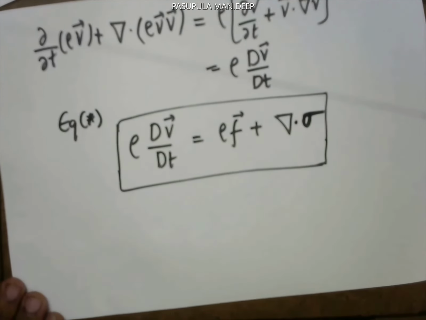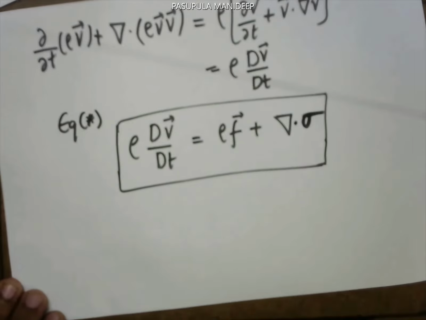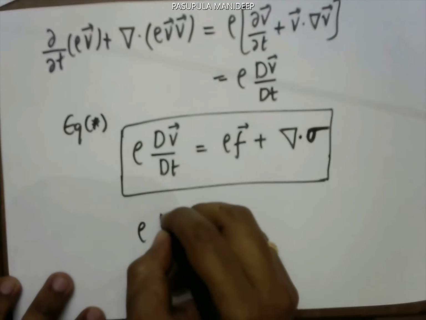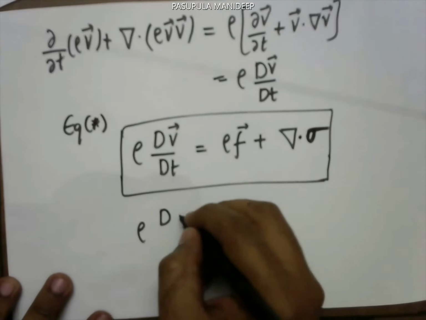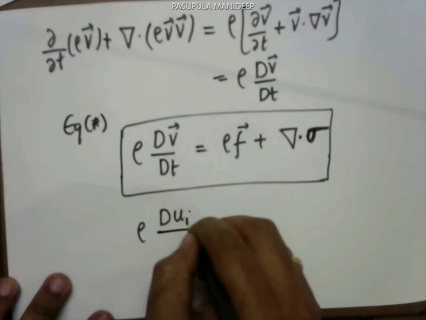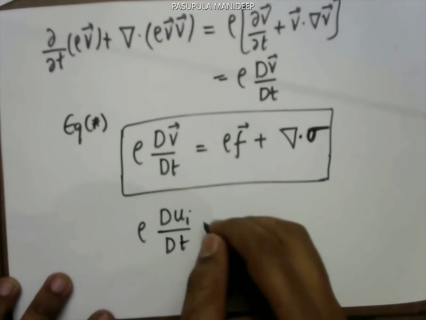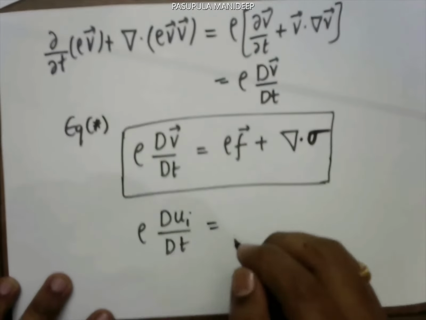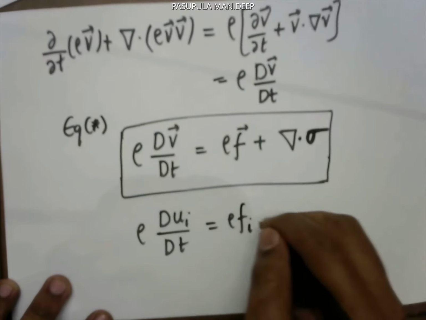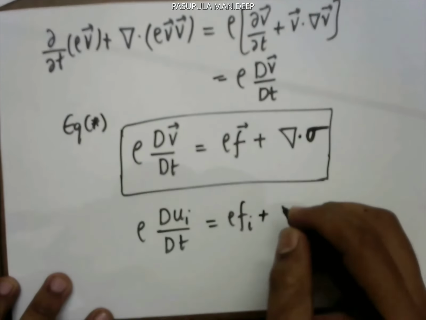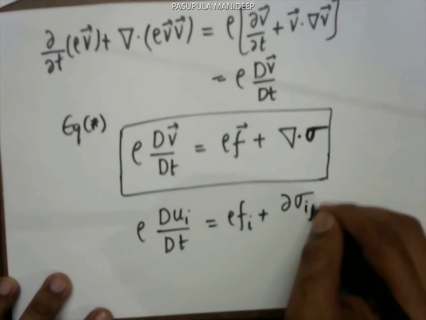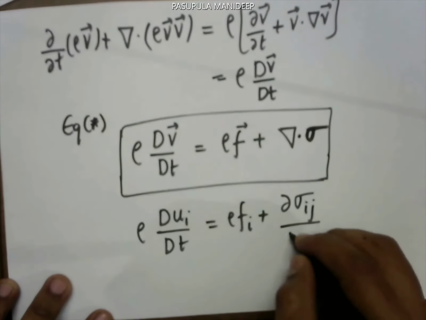Now, in index notation, we can write this equation as rho times d u_i by dt, where u_i is the velocity, equals rho times sigma f_i plus del sigma_ij by del x_j.